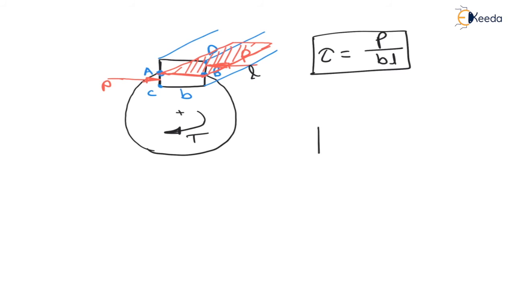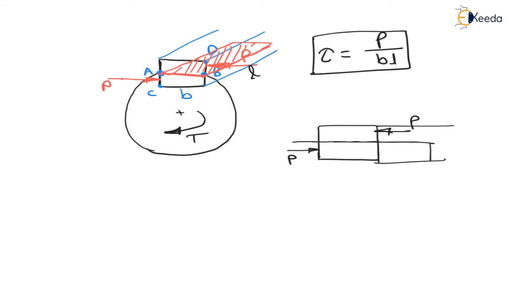Now, crushing failure. Let us consider this key. On this key, force P is acting from the shaft and an equal and opposite force P is acting from the hub. The lower portion, for height h by 2, is lying inside the shaft, and for height h by 2 it is lying inside the hub. Now, the portion of the key inside the shaft may get crushed out.